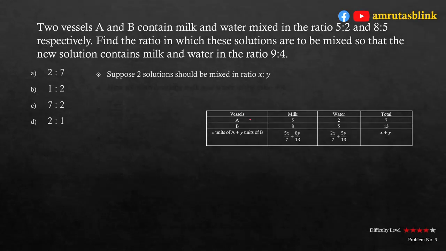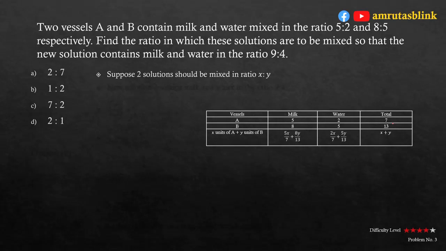Now we will create a table. So let's suppose you have vessel A, which has total 7 units, in which milk is 5 units and water is 2 units. Similarly, for vessel B, when there are 13 units, 8 plus 5 is 13, out of which there are 8 units of milk and 5 units of water.